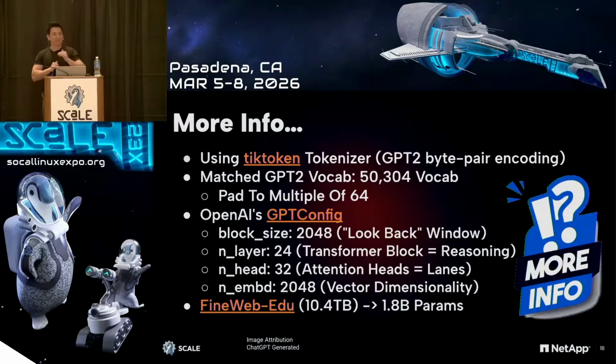How can we evaluate each one to say which is the best one for the next token? Then we have the vector dimensionality. Each vector transitions to another vector, and we limit and cap it at 2K. And if you do all of those things, use that tokenizer, use that configuration, and then use the FineWeb EDU data set, you roughly get a 1.8 billion parameter model, which in today's world is sad.